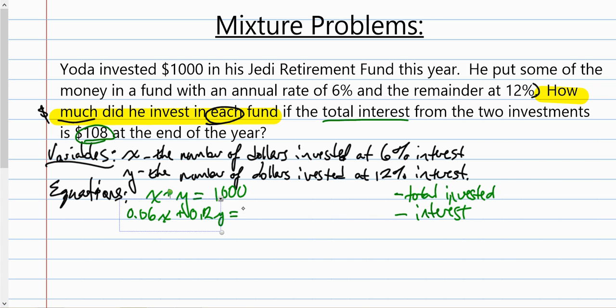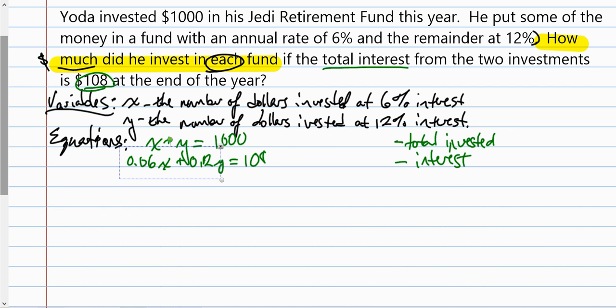So this entire thing is going to equal the 108. And now we can solve. Since there's no multiplying to do in that last equation, these interest equations are actually a little bit more straightforward. There's one fewer step to do for this type of problem than there have been for the other ones.